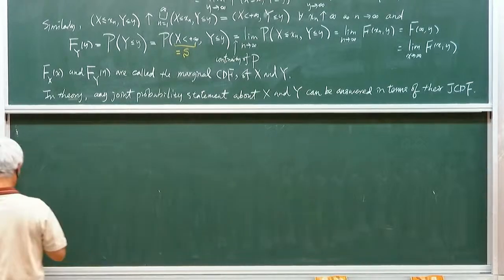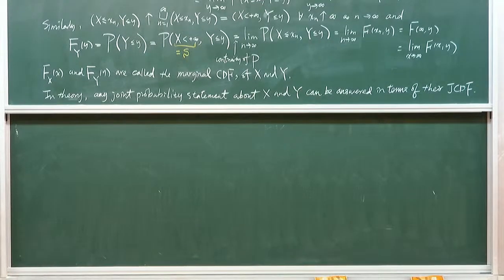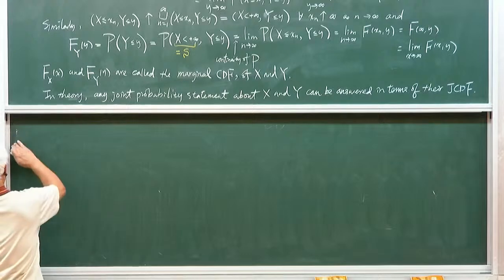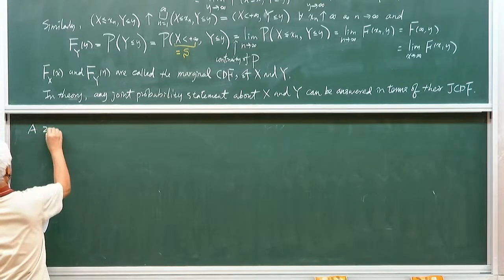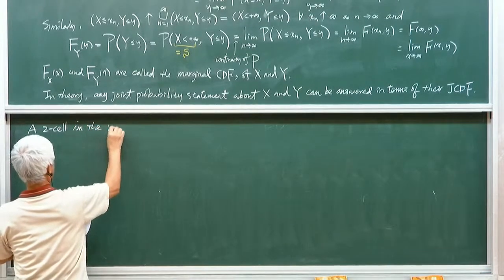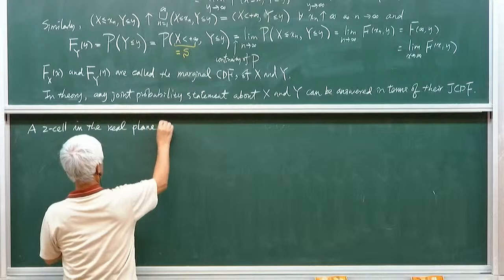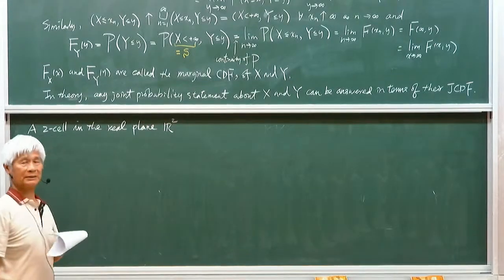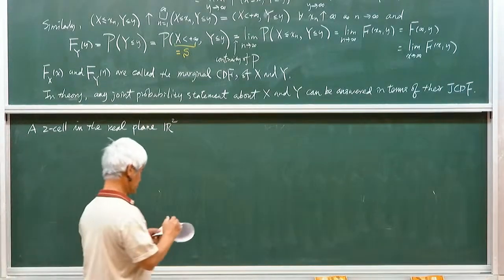But before that, we will describe a special subset in the plane, in the Euclidean plane. Just like intervals in the real line are a very important subset, we define a two-cell in the real plane. The real plane is just the real Euclidean space with two dimensions.